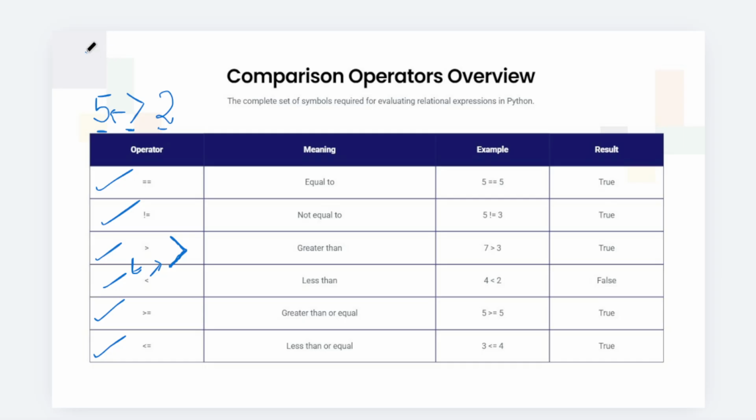If I write it like this, 5 less than 2, the starting space is closed, so it is less than. That is a trick you can remember. The same applies to greater than or equals, and less than or equals.